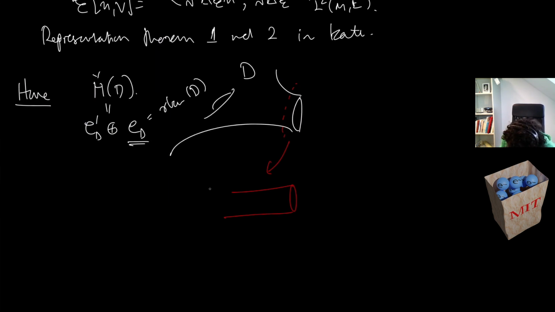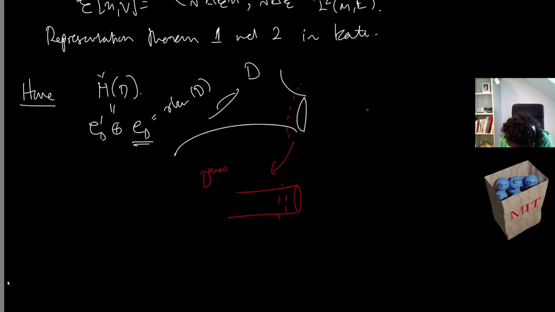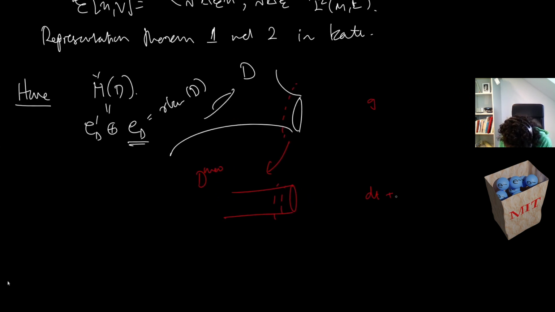So we have some new operator, D nu, which is maybe built out of D, but it's governed by, because it's a cylindrical situation, if we have some metrics floating in the background, this would be some g, and this would be something like dt plus A, right?